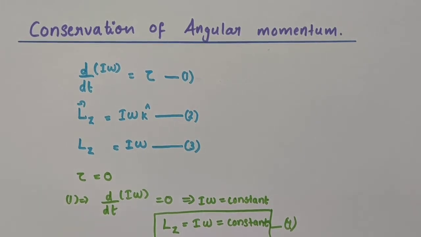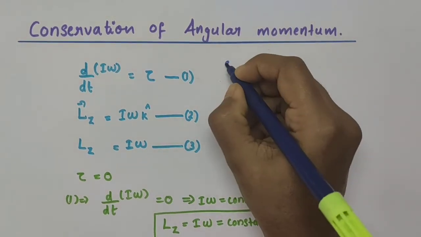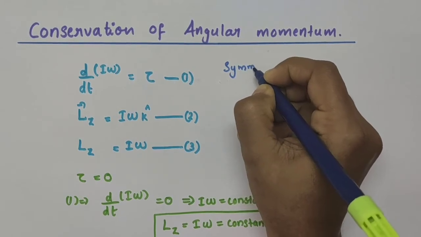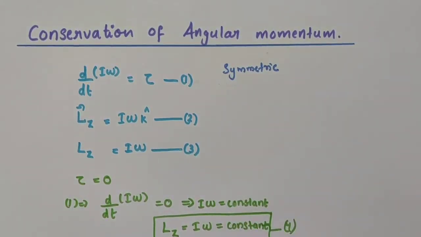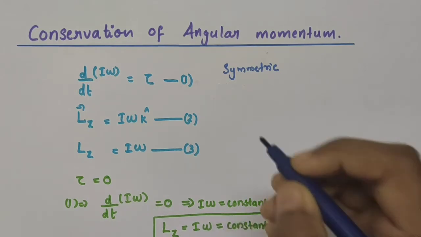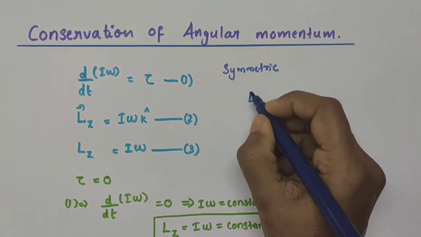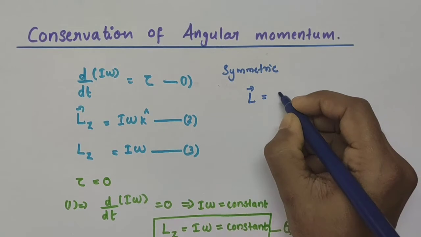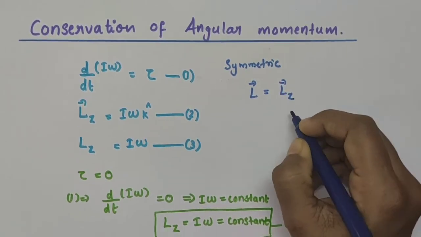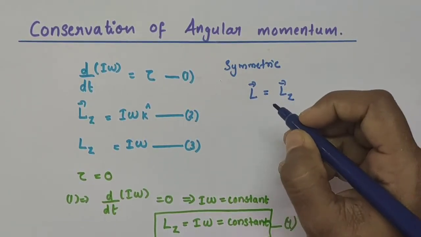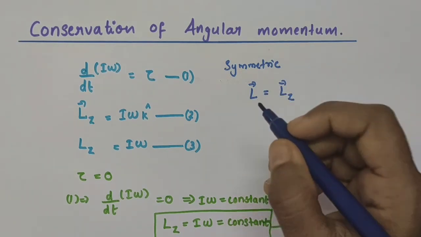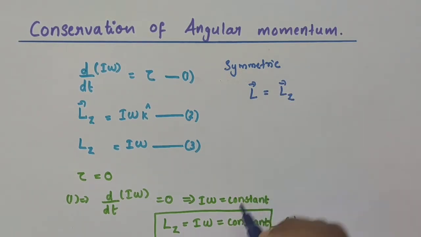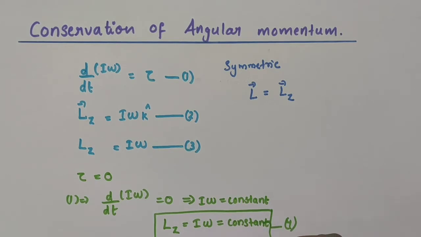Now, for symmetric bodies, meaning bodies which are symmetric about the axis of rotation, we have total angular momentum of the body, vector L, as vector Lz. This was actually equation number 19 in our previous video. So for symmetric bodies, here we got L equal to I omega equal to a constant.